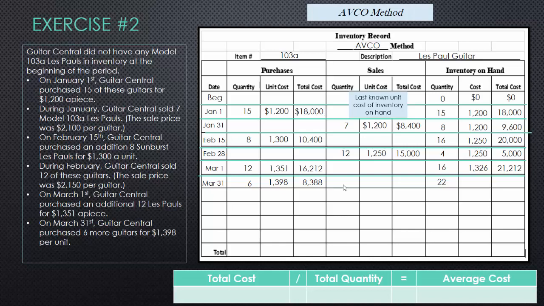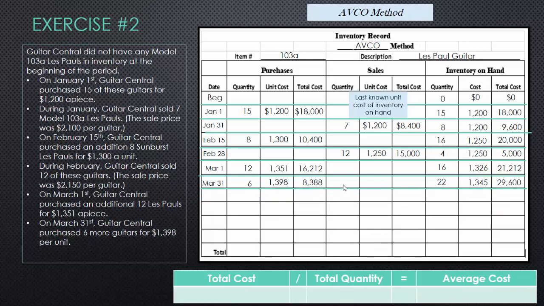Well, let's add to that the $8,388 we just spent on this purchase, and we're going to come up with $29,600 that we have paid for these 22 Les Paul guitars that we have in stock in our inventory on hand. And to figure out our new average cost, we take our total cost, divide it by our new total quantity, and our average cost comes out to be $1,345.45. Let's just report it as $1,345.